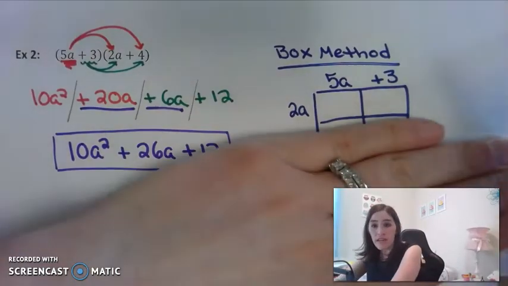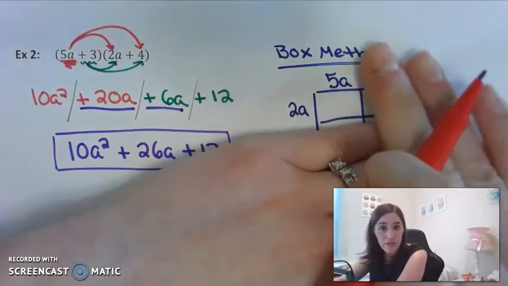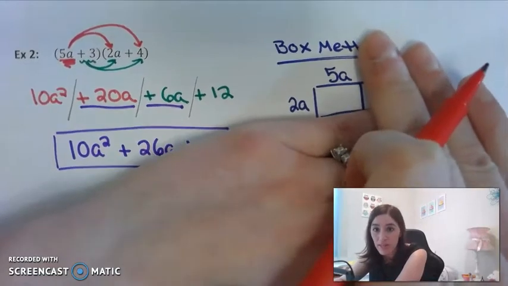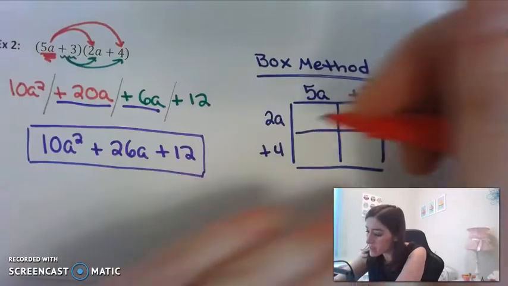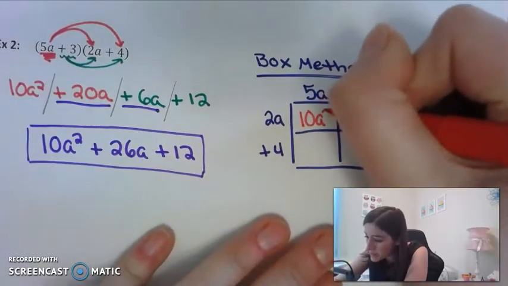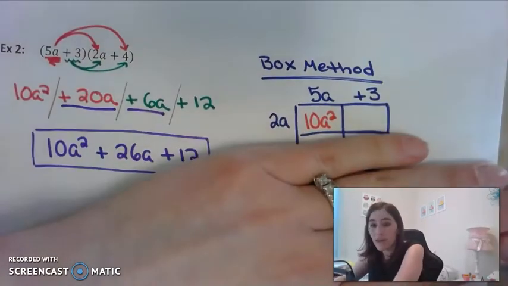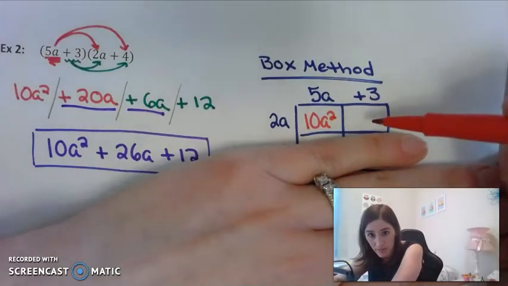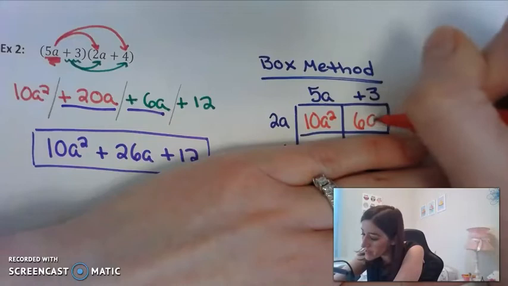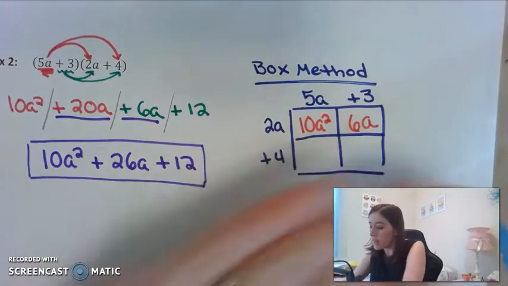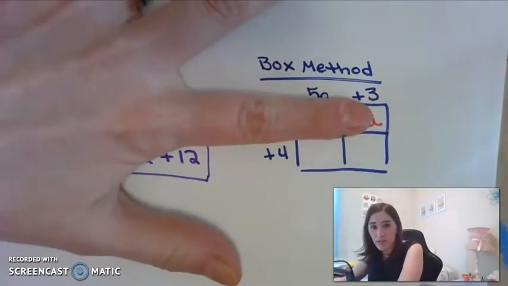Now, if you're looking, and this is kind of like the squares that you do in biology, I'm just looking at the 2 that are lined up. If I do 5a times 2a, well, it's a little easier for me to see that that's 10a squared. Okay? Ignoring this side, now I'm just doing this box, which is 2a times positive 3. Well, that's positive 6a. Okay? Then on the bottom box, I'm ignoring this one now.